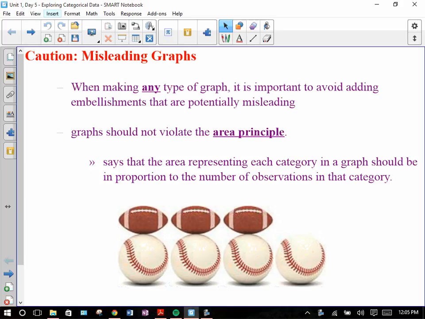All right? The first type of way you can be misleading is to violate the area principle. You don't want to do that. Okay? And what that means is the area representing each category in a graph should be proportional to the number of observations in that category.